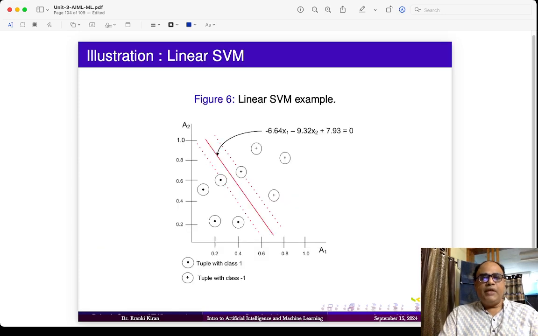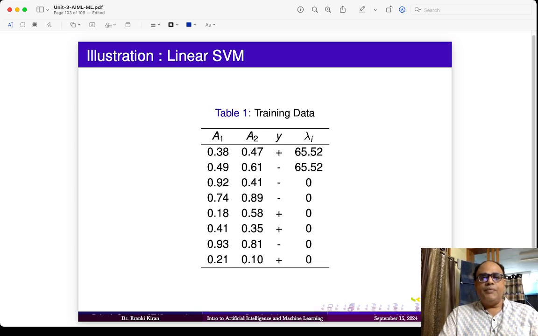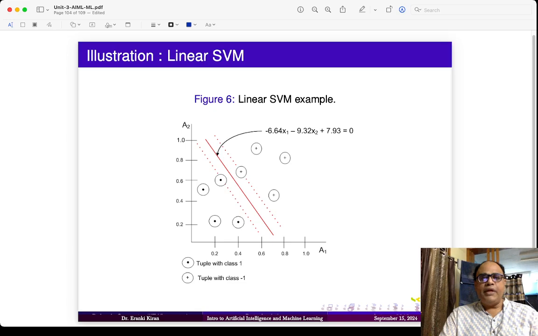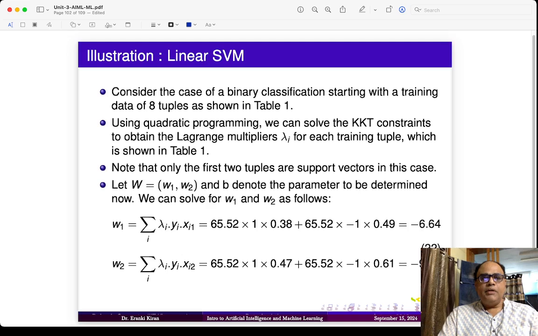Once you have identified W1 and W2, you have to substitute them into the expression. Then you also have to find out B, because W1 is equal to the sum of lambda i yi into xi plus B. That is how the equation goes.